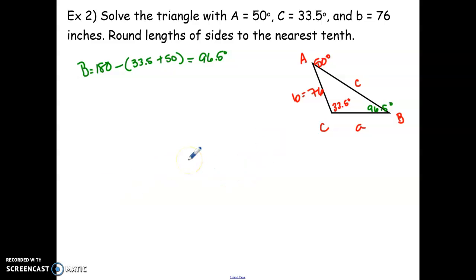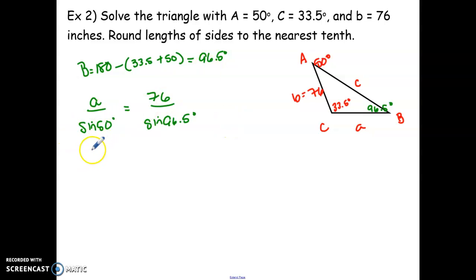Okay, then I'm going to find my missing sides using our proportion, our ratios. So I need side A. A over sine of 50 degrees equals 76, which is B, over sine of 96.5 degrees.